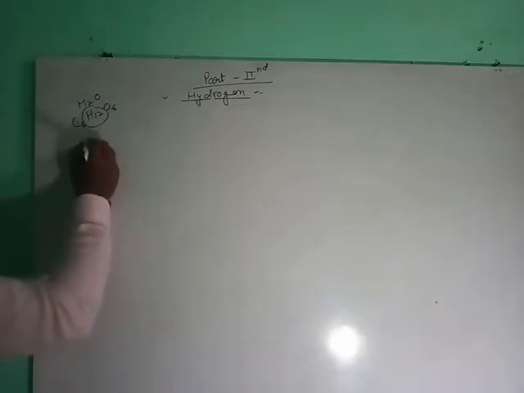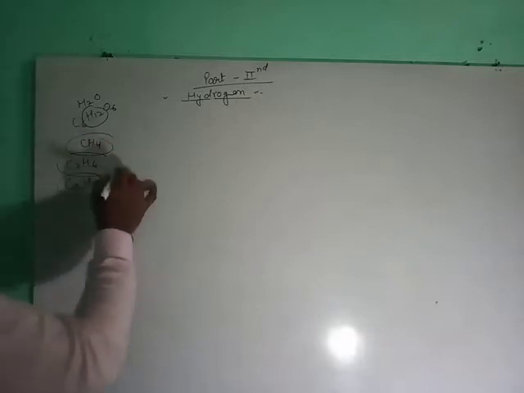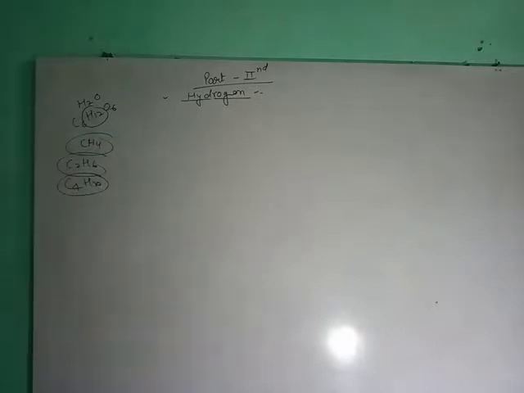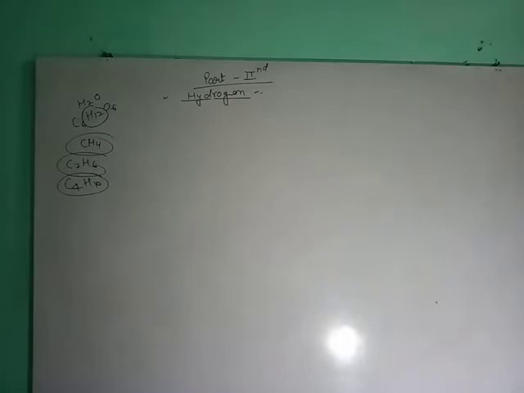In water, two atoms of hydrogen are present. There are also many hydrocarbons like fuels and gases: methane CH4, ethane C2H6, butane C4H10, which are components of our daily life fuels. These compounds also contain hydrogen. So today we discuss hydrogen.